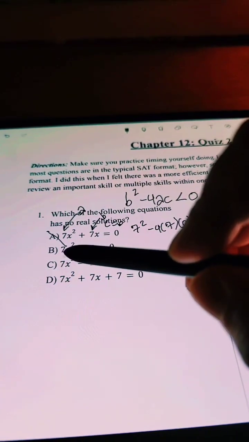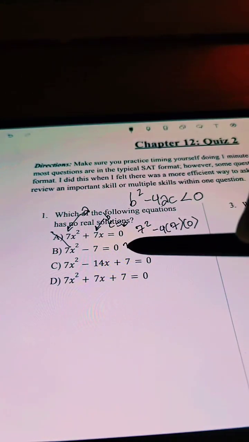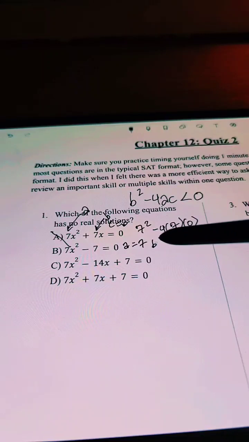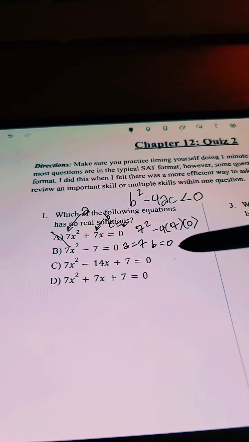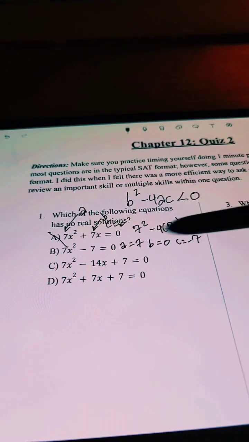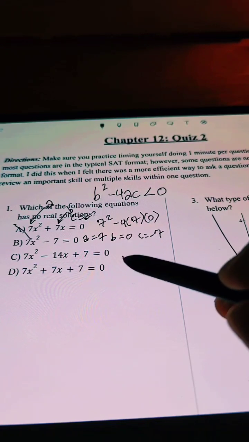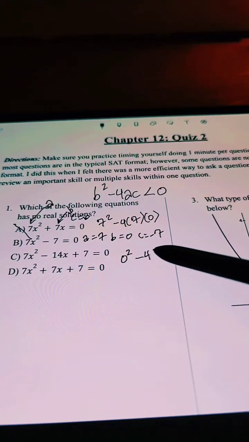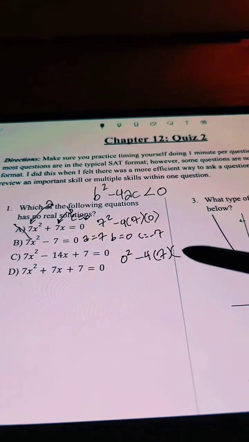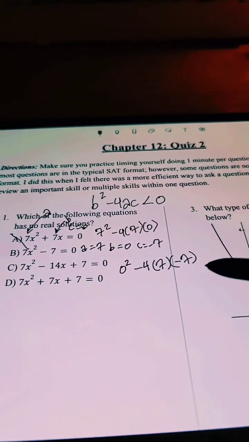Over here, our A is going to be 7, and our B is going to be 0 because there's nothing being multiplied by x. And our C is going to be negative 7. So now let's plug that into the discriminant formula. We have 0 squared minus 4 times 7 times negative 7, and we want this to be less than 0 if that's the answer.